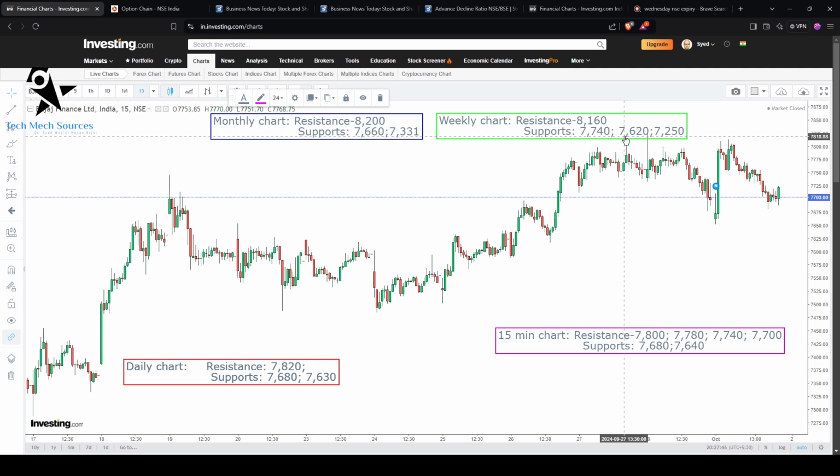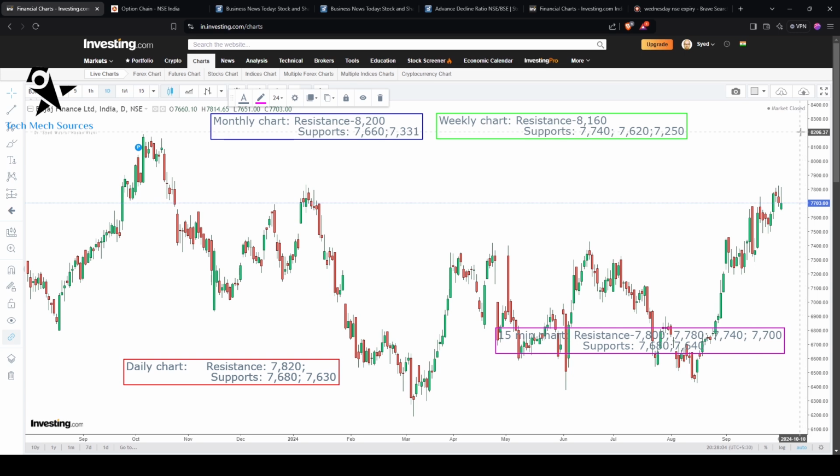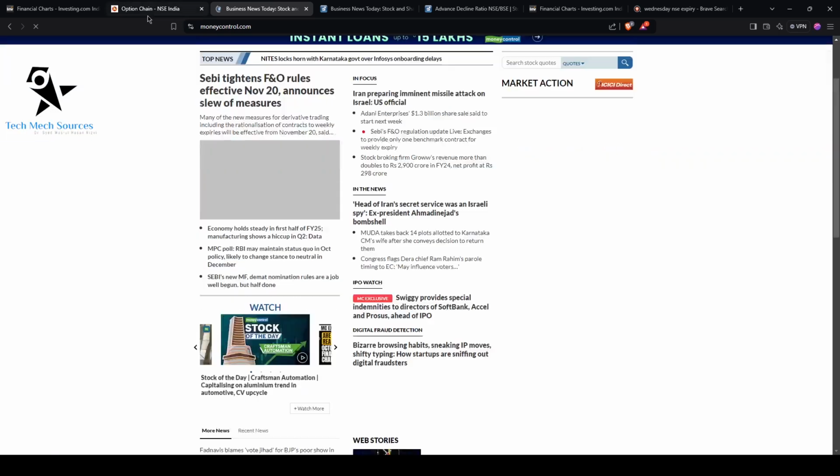8,160 can be a safer zone, because this might be safe for us. So for example, if we sell 8,200, see how far it is. 8,200 is very far, right? So movement of 500 points is not that easy. So the 8,200 call is how much? Are we going to sell the 8,200 call? Let us see the option chain.